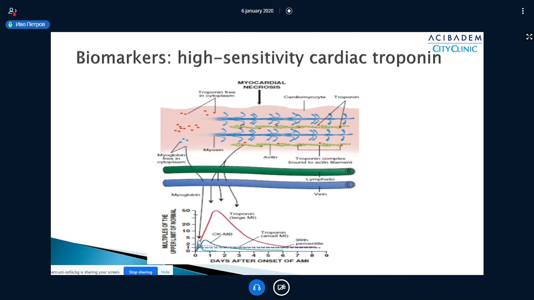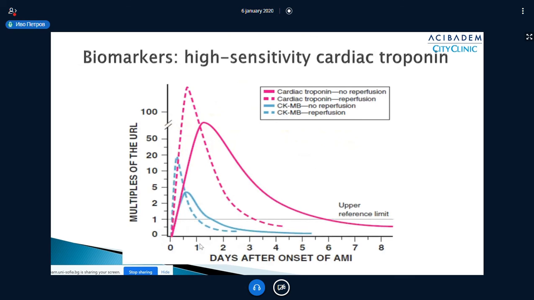Myoglobin is a very early marker because it is part of the myofibrils, and the defragmentation of the myosin, of the myofibril, is a very early sign of myocardial necrosis. The earlier we investigate myosin and myoglobin, and the finer the investigation, the sooner we can classify a patient to the group of non-ST elevation myocardial infarction.